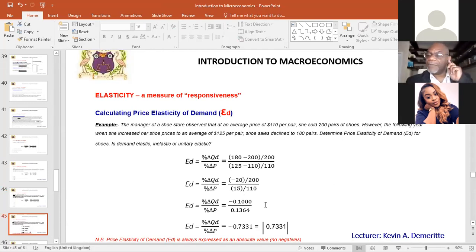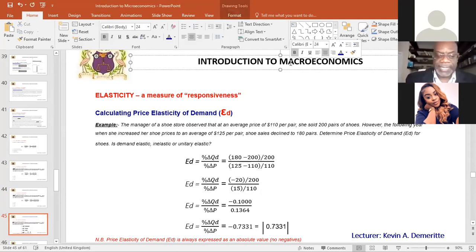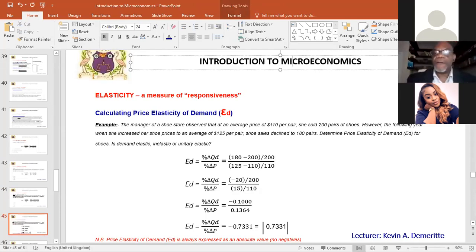Somebody please confirm my numbers for me, please. What's negative 20 divided by 200? Negative 0.1. Okay, now let's stick a pin in there. For this entire class, whenever you come up with a number, a value, 4 decimal places, please. Always 4 decimal places. That way, I remember from macro. You remember from macro? Yep, I remember how you go, Mr. Demary.